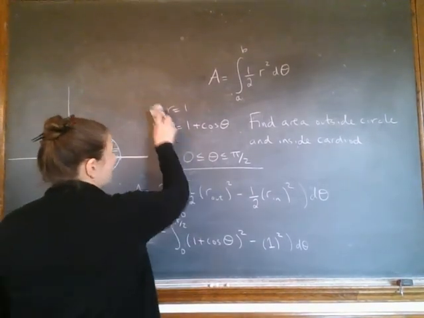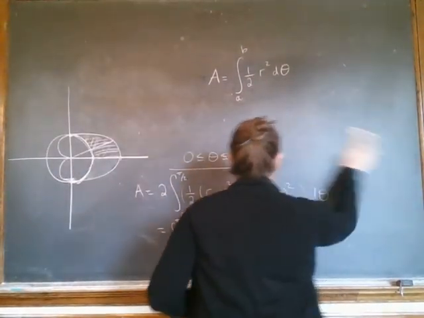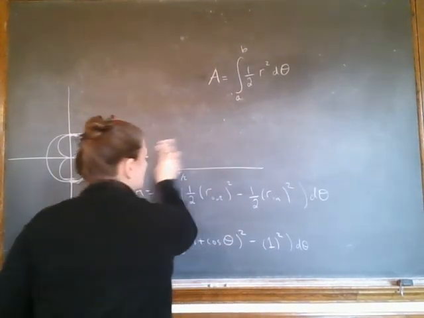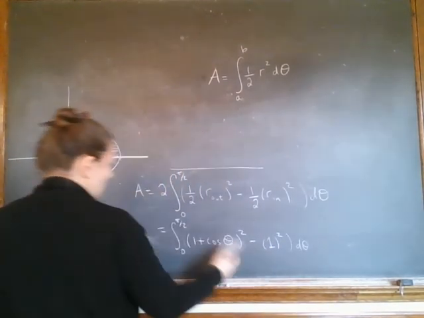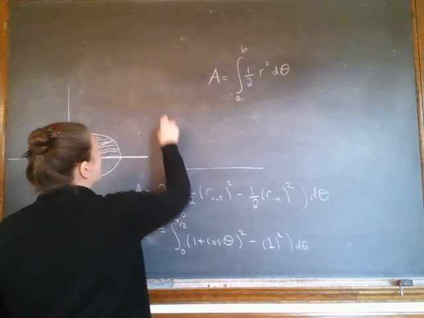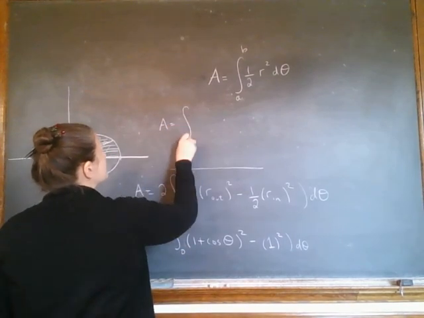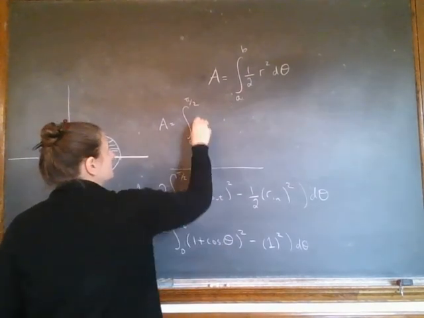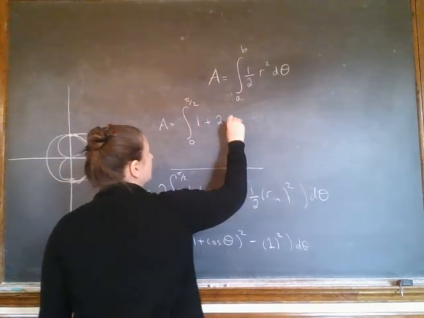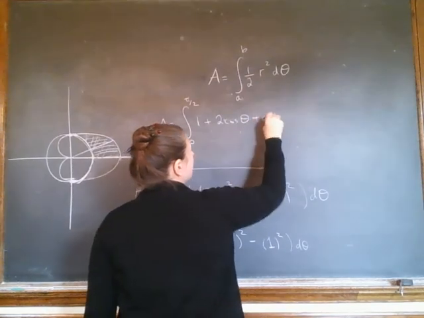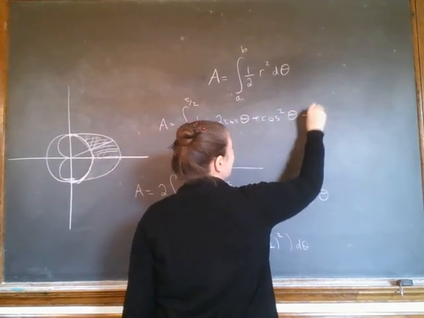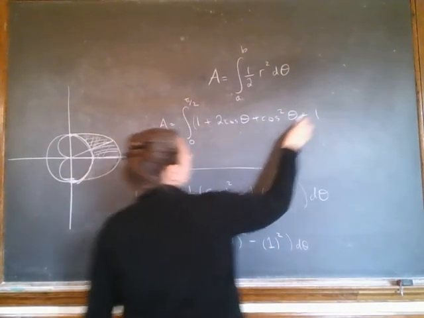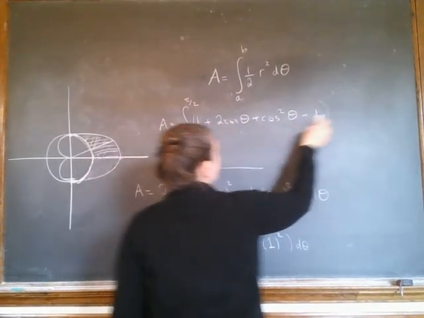I'm going to write it up here now because I want to finish my integral for you guys, and there's not enough space. I'm going to work this out. Remember, it's going to be 1 plus 2 cosine theta plus cosine squared theta, and I have a minus 1, so those cancel out.